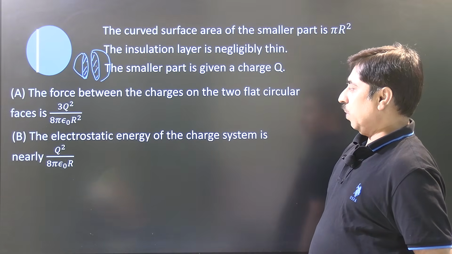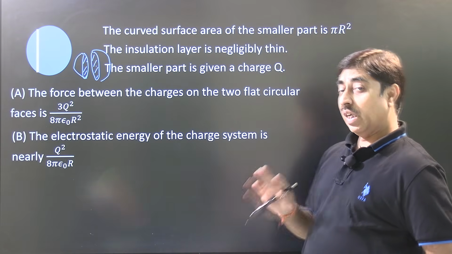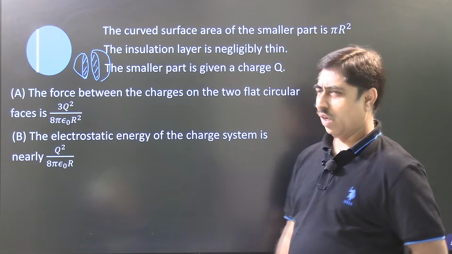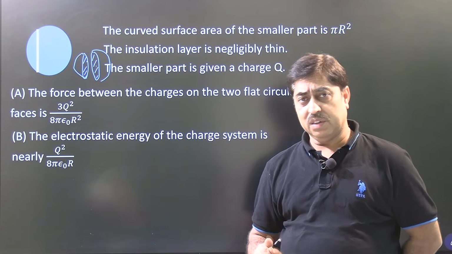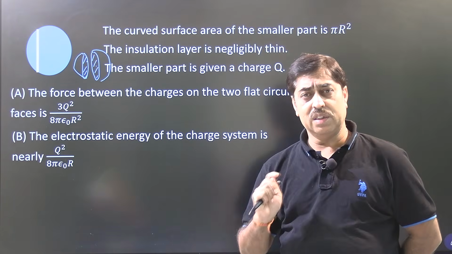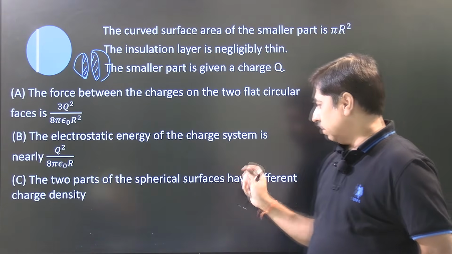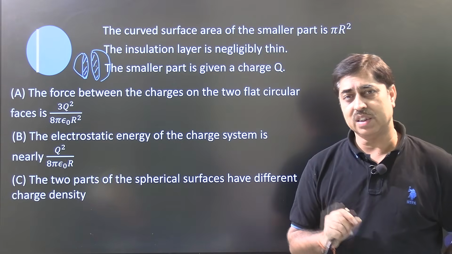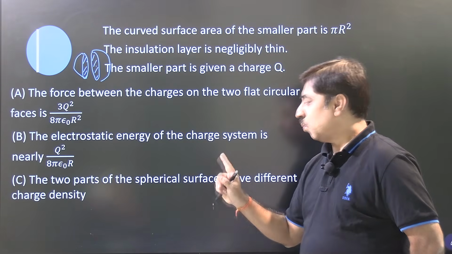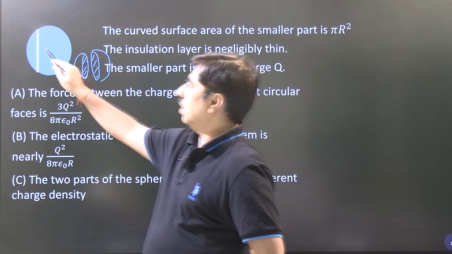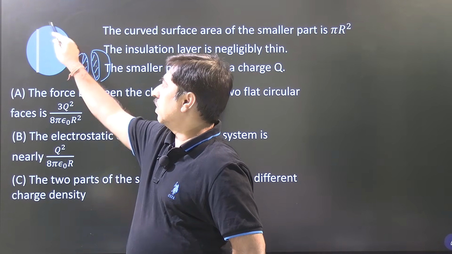Then the second statement is: the electrostatic energy of the entire charge system is nearly Q squared by 8 pi epsilon naught r. For the entire charge system, the electrostatic energy is Q squared by 8 pi epsilon naught r. The two parts of the spherical surfaces have different charge density. Spherical surfaces means these surfaces.